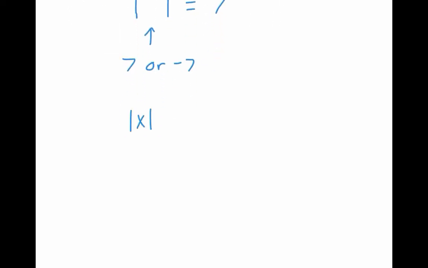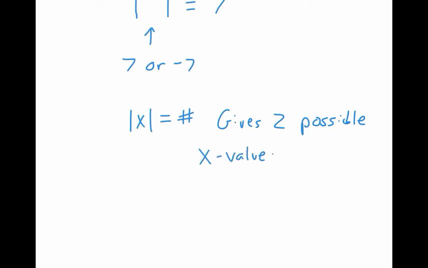and say, okay, absolute value of x equals a number, as long as that number doesn't equal 0, you're going to get two values for x. So I'll say absolute value of x equals a number gives two possible x values unless the number is 0.